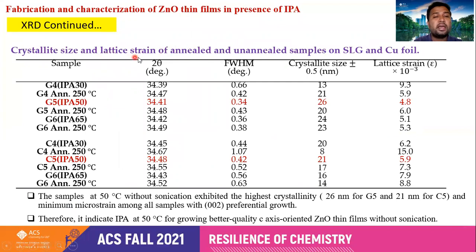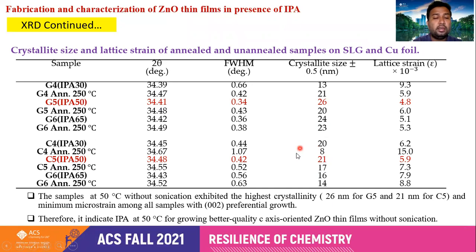Now the crystalline size and lattice trends for annealed and unannealed samples for soda glass substrates and copper foil substrates are calculated, and this table represents that at isopropyl alcohol 50 degrees Celsius, for soda glass substrates and copper foil substrates, that means G5 and C5, the mean crystalline size is higher. That means for G5 it is 26 nanometers and for C5 it is 21 nanometers.